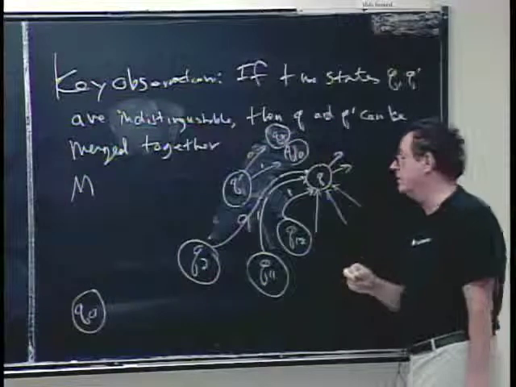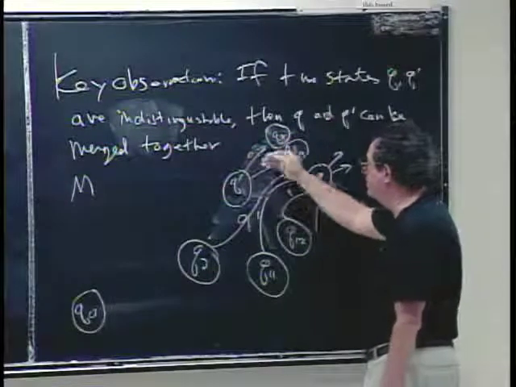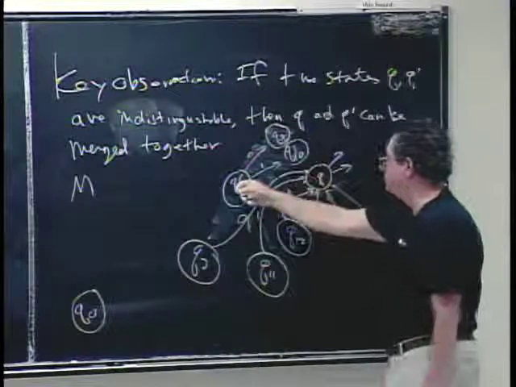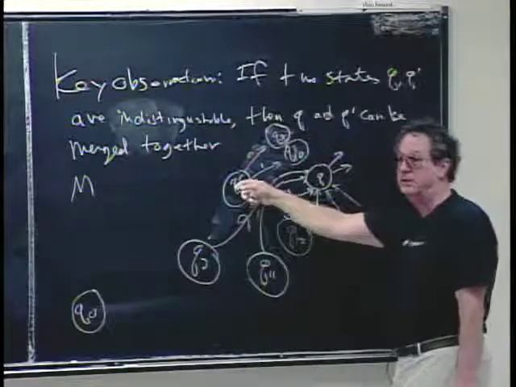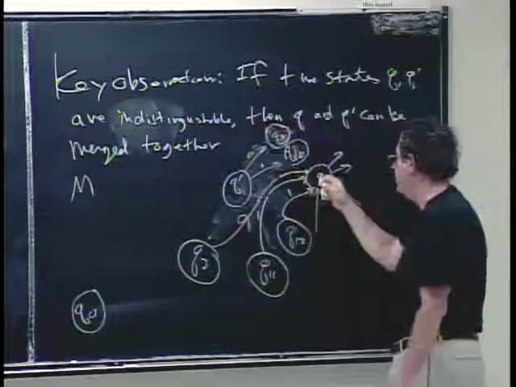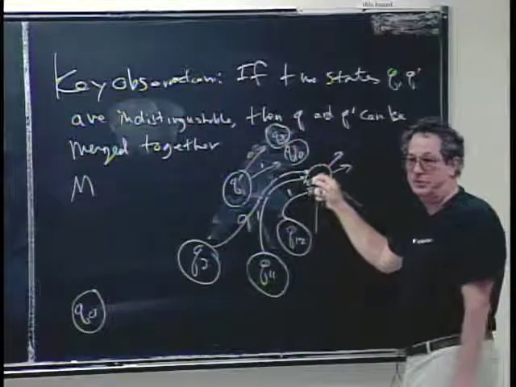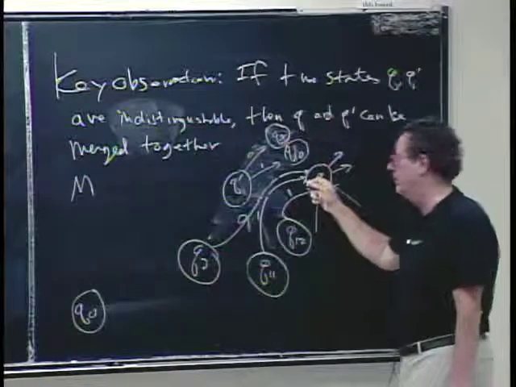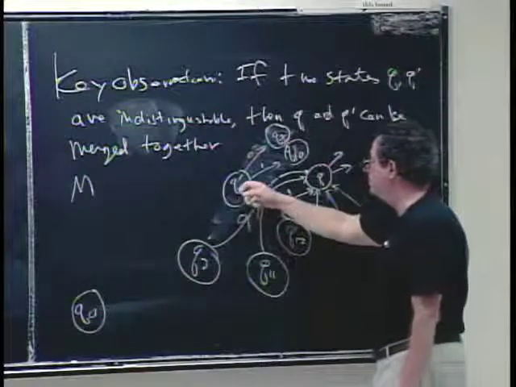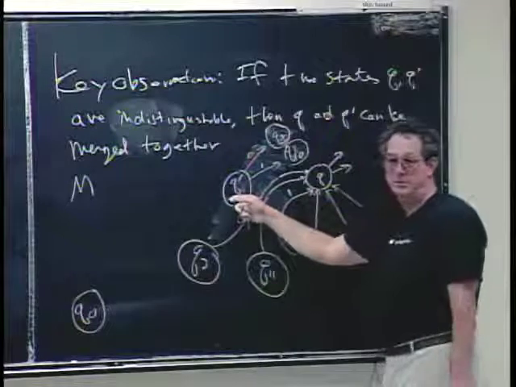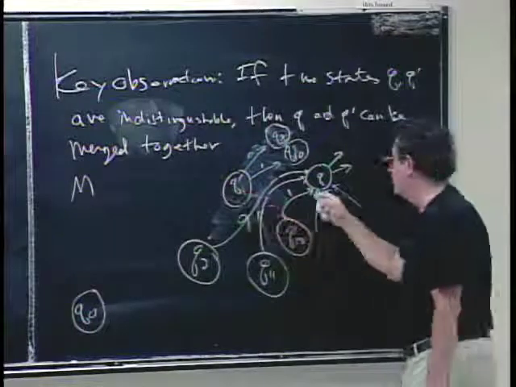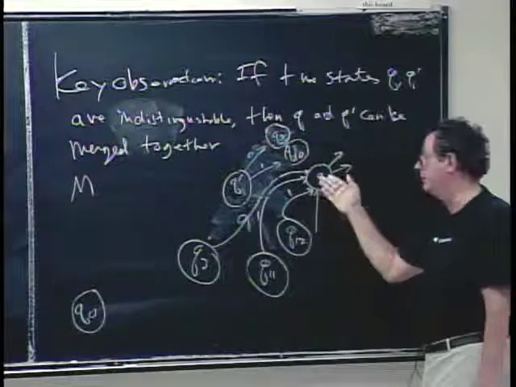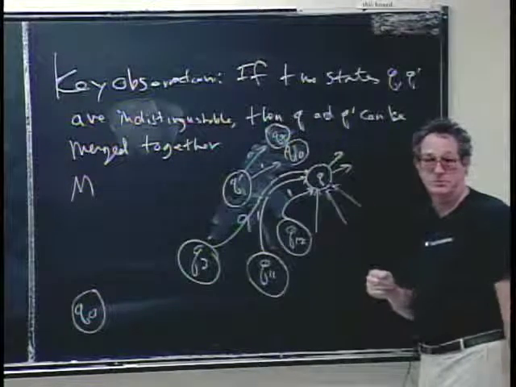That means that for every string processed starting from Q prime that ends up in a final state, that same string, when started from Q, will end up in a final state. And every string, when started from Q prime, that ends up in a non-final state, will end up in a non-final state when started from Q. That's what it means for Q and Q prime to be indistinguishable.